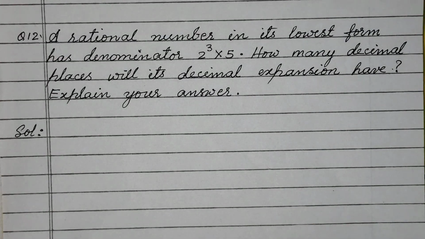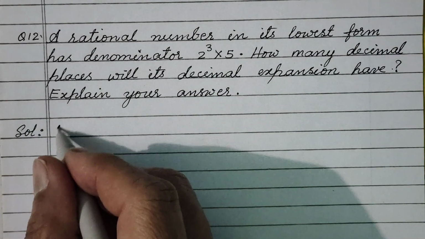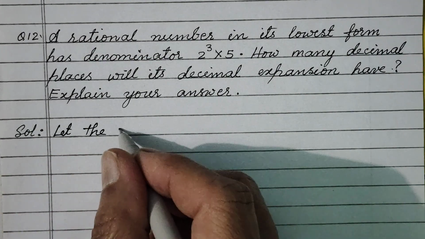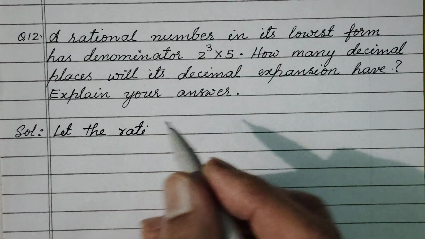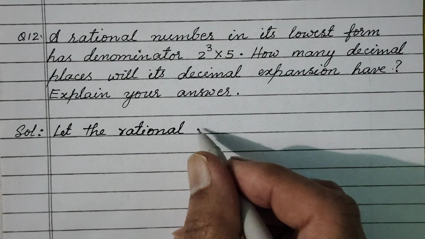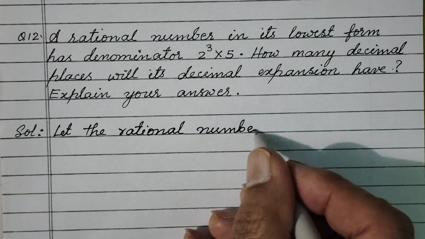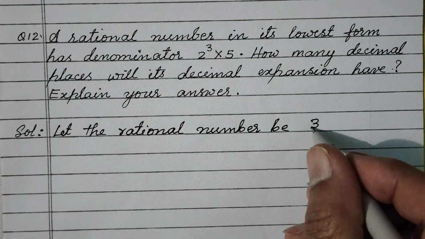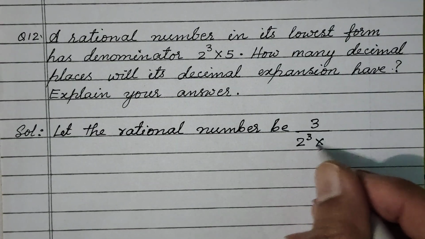So what we will do, we will assume, let the rational number be 3 by 2 cube into 5.